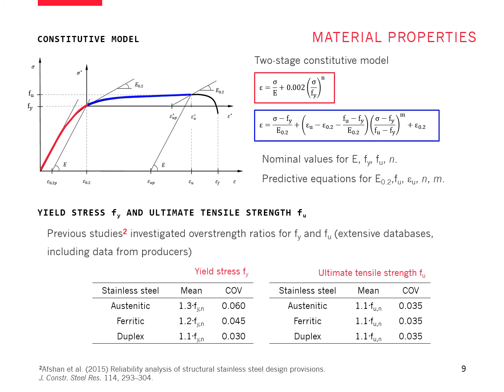For the yield stress and the ultimate strength, we relied on previous studies that were based on a really extensive database, including results from producers, which proposed the overstrength ratios and coefficients of variation shown in these tables. So in this paper, we just focused on the remaining material parameters for cold-form hollow sections.